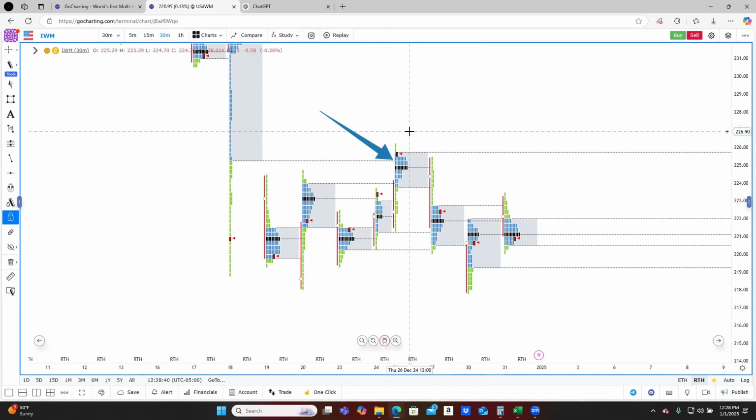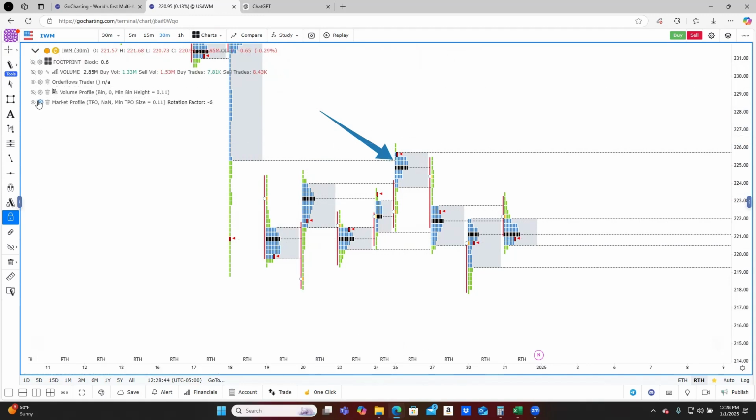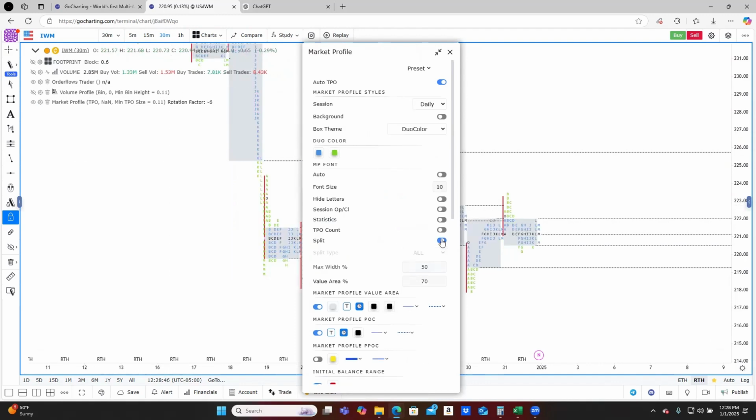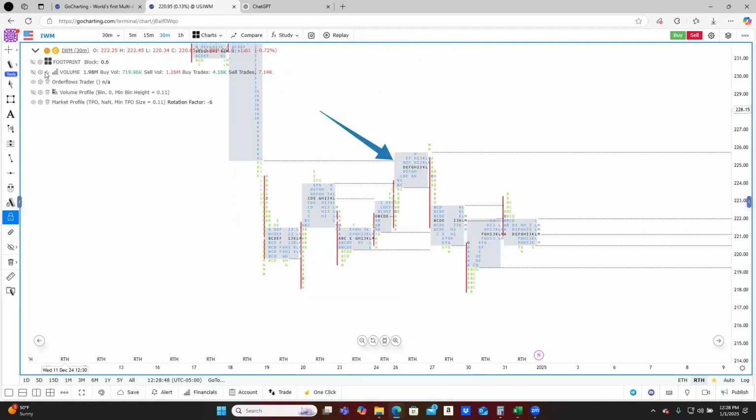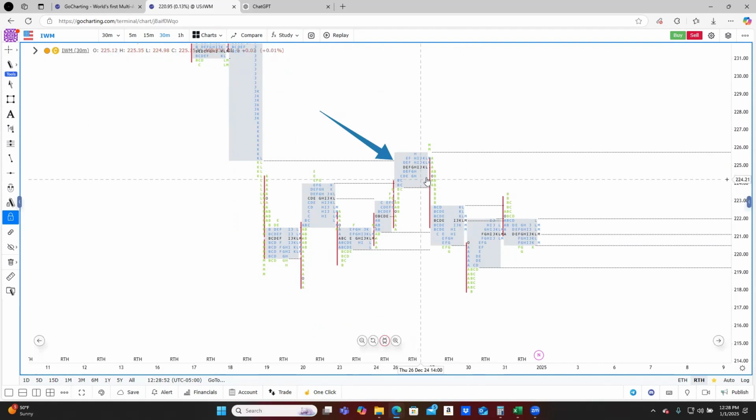Now let's look at it in a split. And we're going to focus on this one. Here is the introduction of not only the split, but also the letters. Each letter represents 30 minutes.